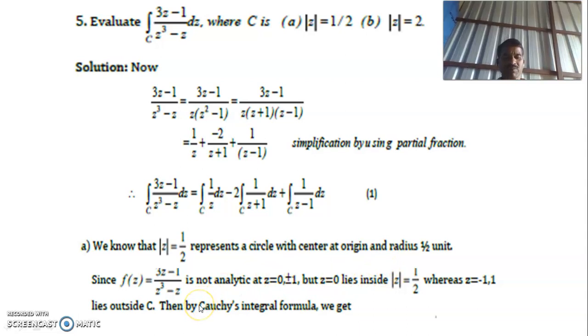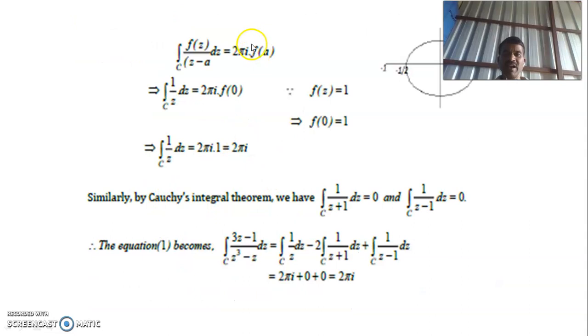So we can make use of the formula, 2 pi i into f of a. Here f of z is 1, so f of 0 is also 1, since it is 1 by z, and a is 0 here. So f of 0 is 1, giving this result.